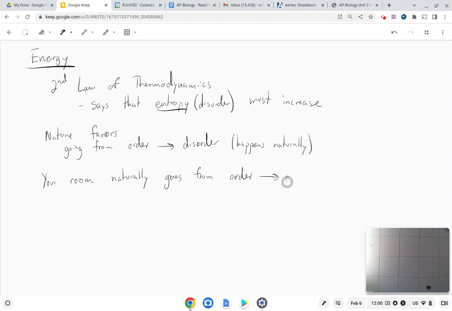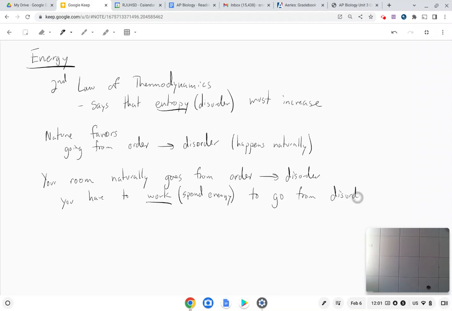In other words, you have to work. We're going to underline work, which means we got to spend energy if we want to go the opposite direction. So we got to spend energy to go from disorder to order.